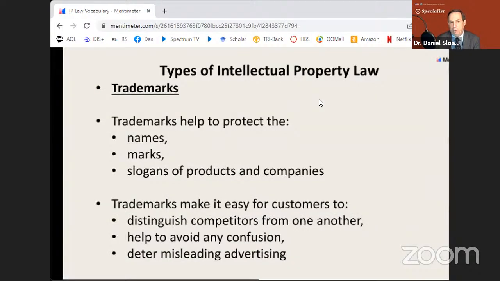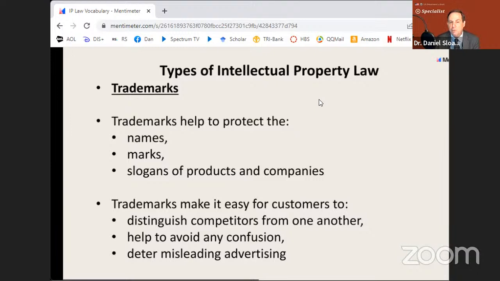So what are trademarks? They help protect the names, marks, and slogans of products and companies. Trademarks make it easy for customers to distinguish competitors from one another. Anything very similar to your trademarked representation, as I said earlier, you might alter a competitor's mark, or what would appear to be a benchmark, a great idea, alter it slightly, but not enough to where it would infringe on the trademark of another.